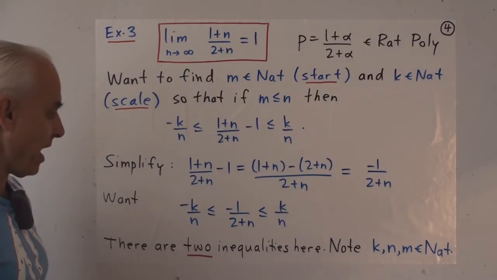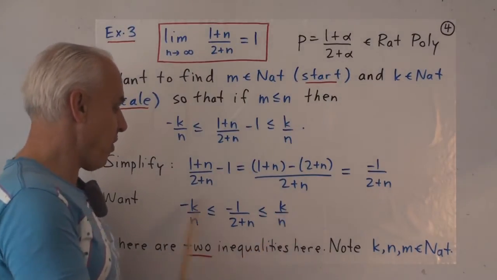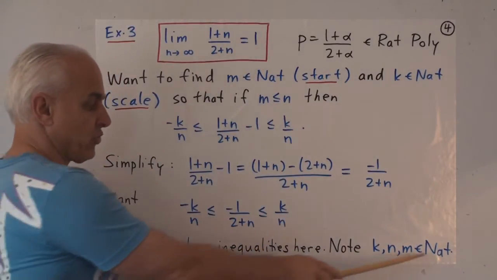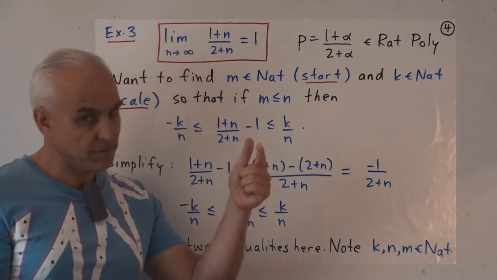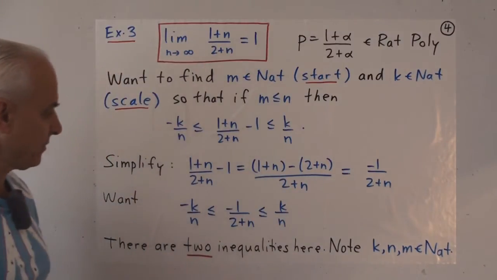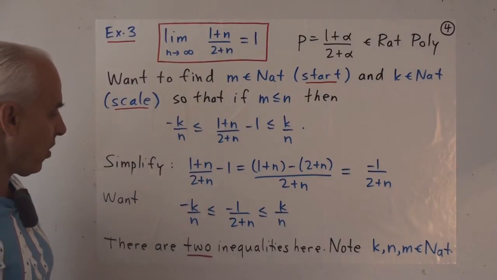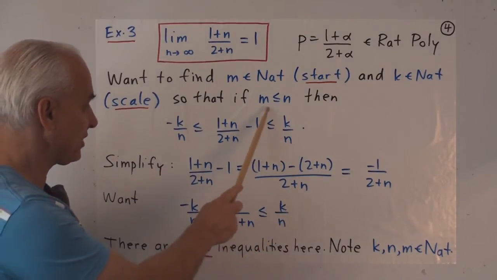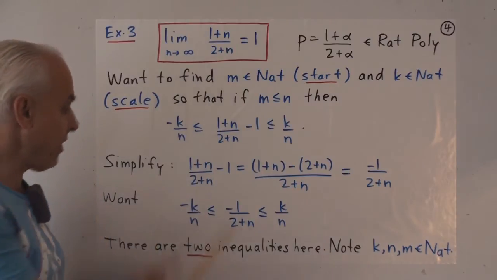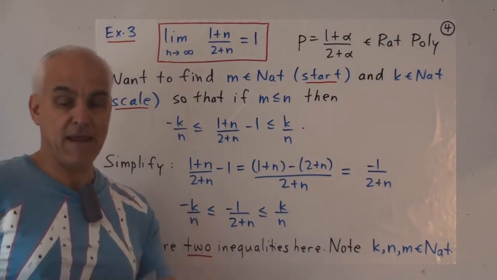And let's just remind ourselves that all of the quantities inside here are natural numbers, like 1, 2, 3, 4, 5. So we want this to be true for all n bigger than or equal to some m. And we have to choose k appropriately to make that happen.